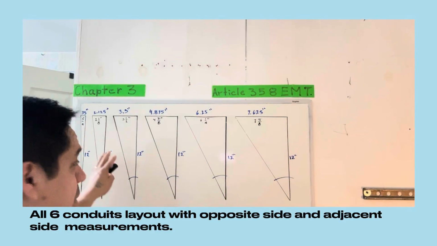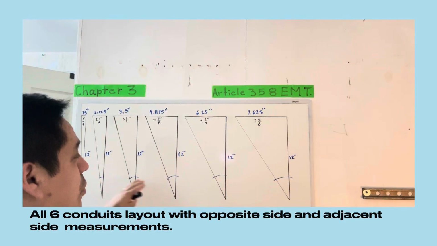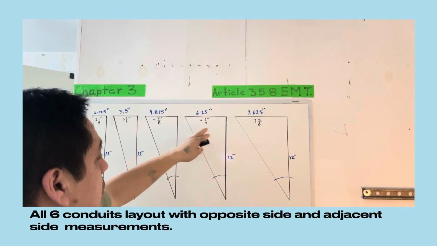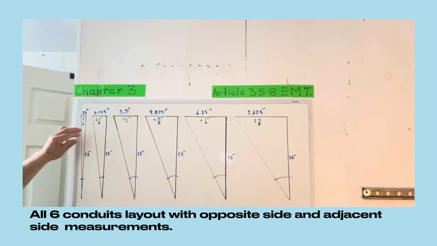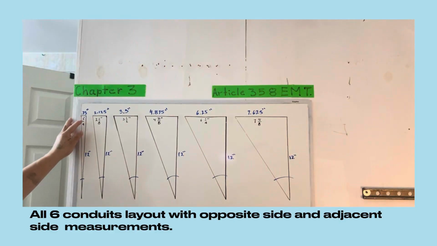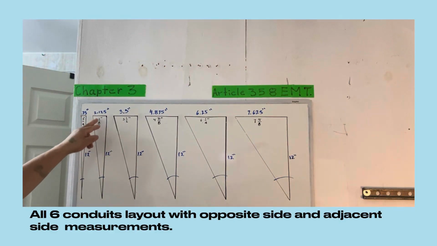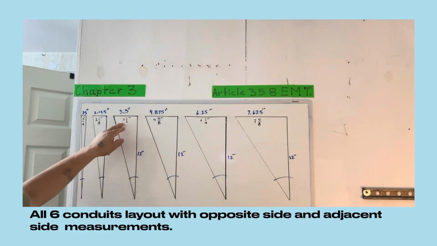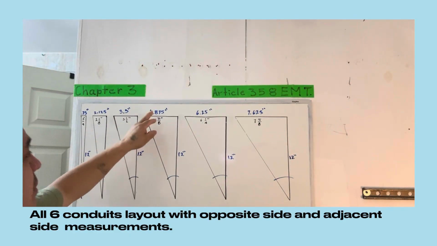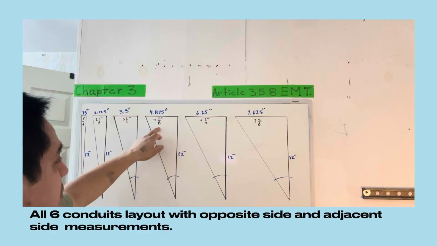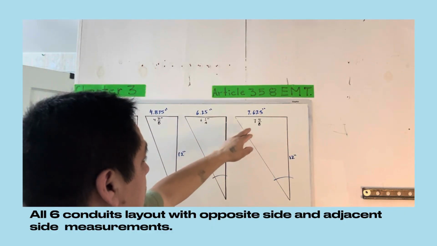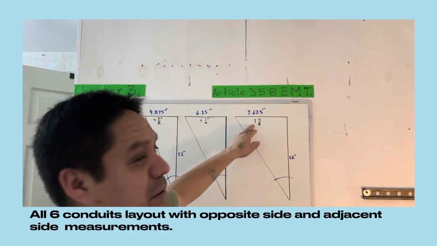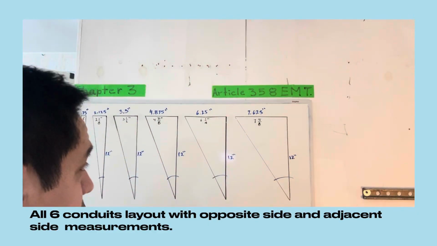So here I have all 6 conduits measurements, starting from the first, which is 3/4 of an inch kick, the second 2 1/8, the third 3 1/2, fourth 4 7/8, the fifth 6 1/4, and the sixth 7 5/8 of an inch.